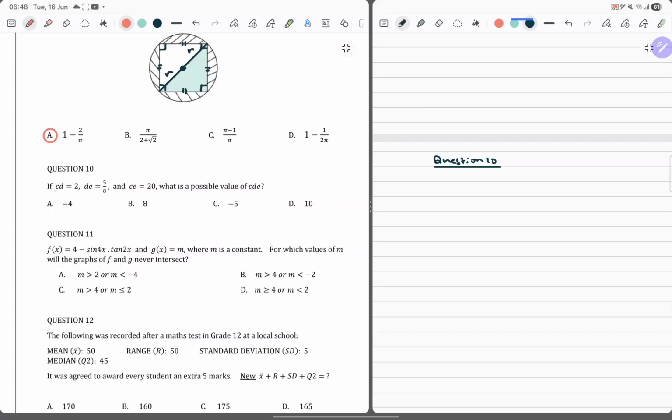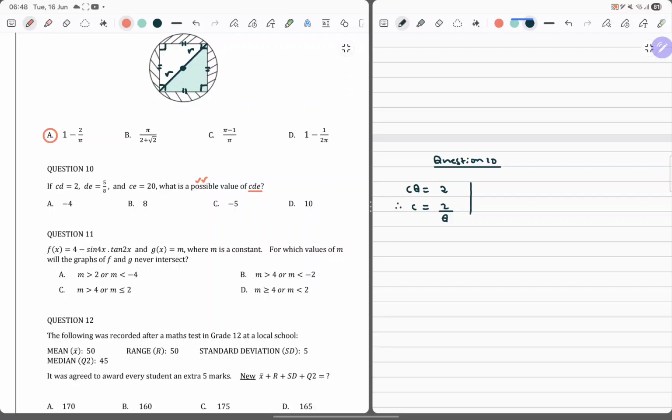So question 10 says, if CD is 2, DE is 5 over 8, and CE is equal to 20. What is the possible value of CDE? So this is just a product. Okay. Now if we start with CD is equal to 2, we can say therefore C is going to be 2 over D, right?